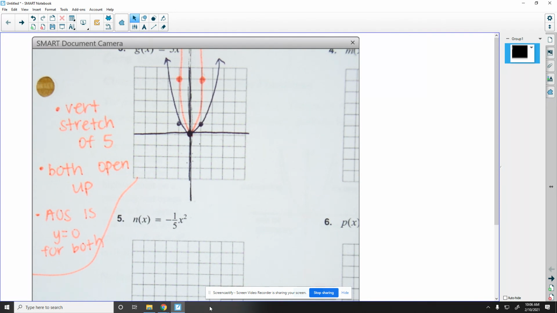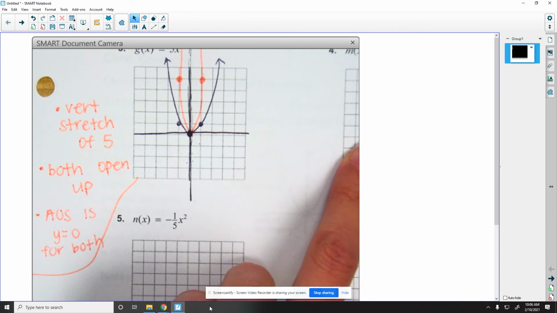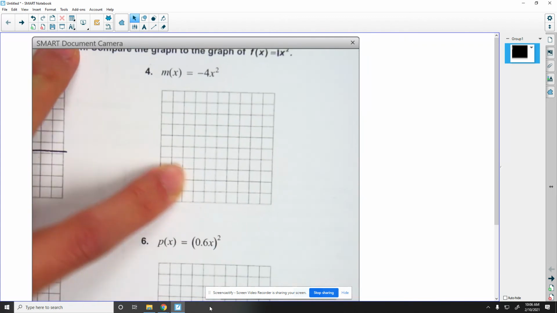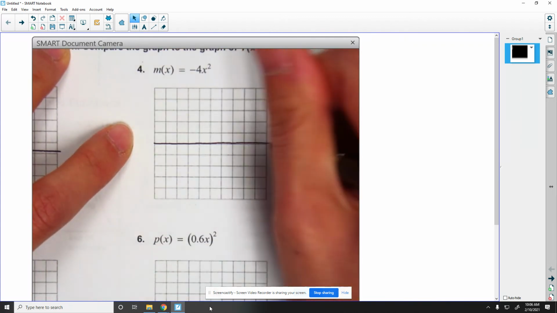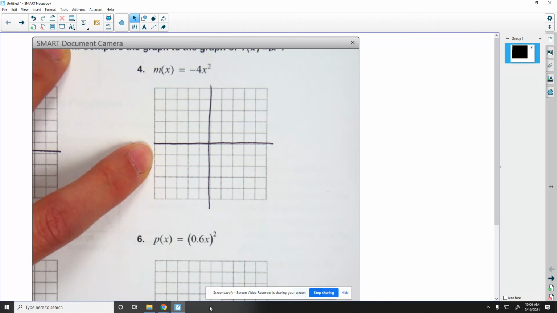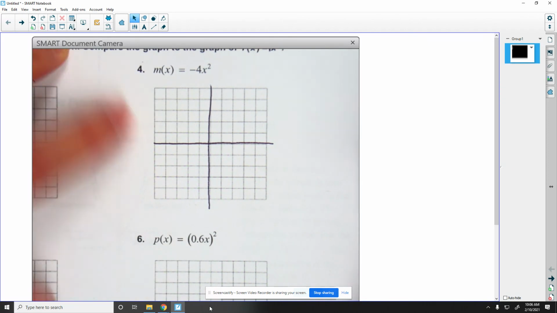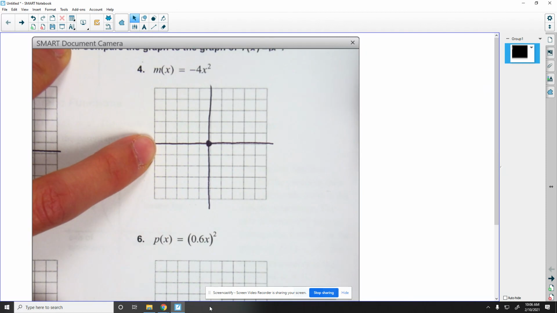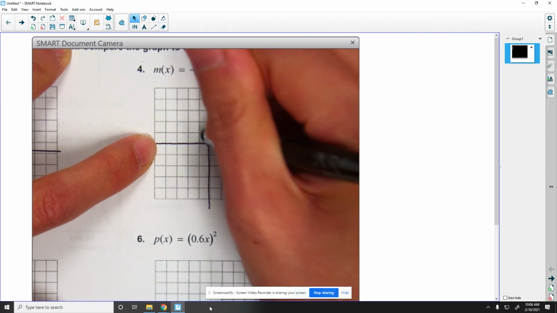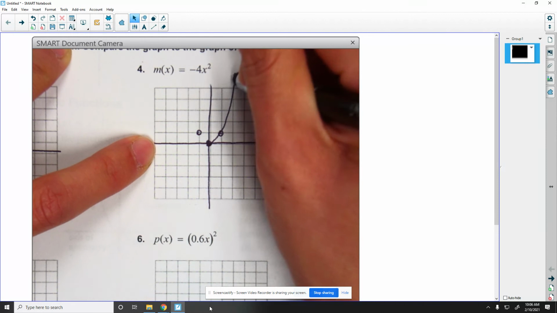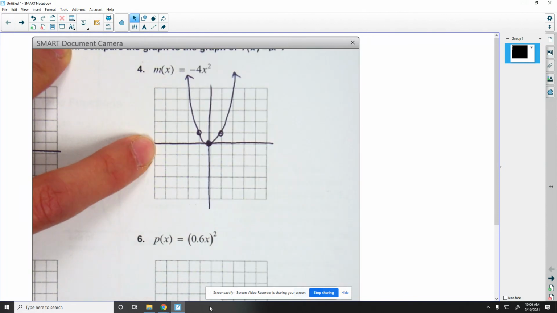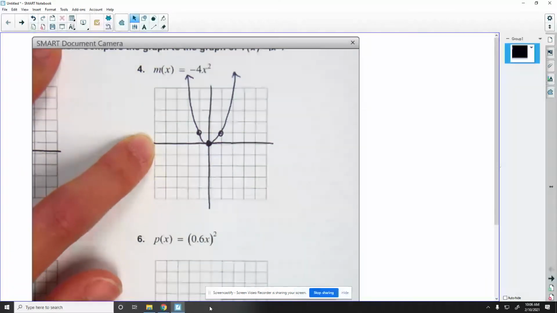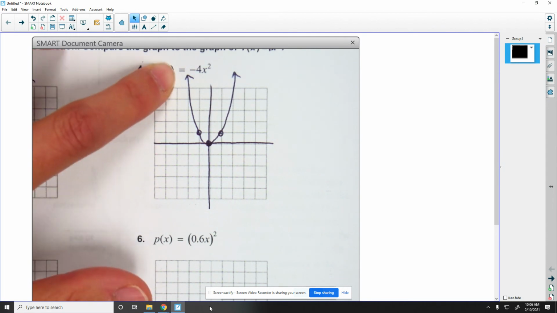So let's take a look at number 4. Go ahead and draw yourself an XY axis and then graph your 1x squared. So 1x squared means center at 0, 0, up 1 over 1, up 1 over 1. This is 1x squared. But now instead of 1x squared, I have negative 4x squared.